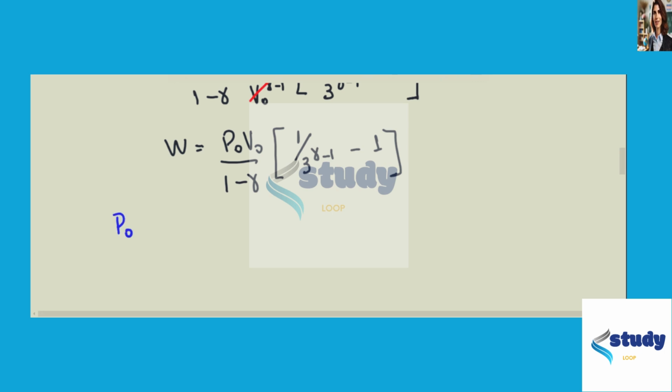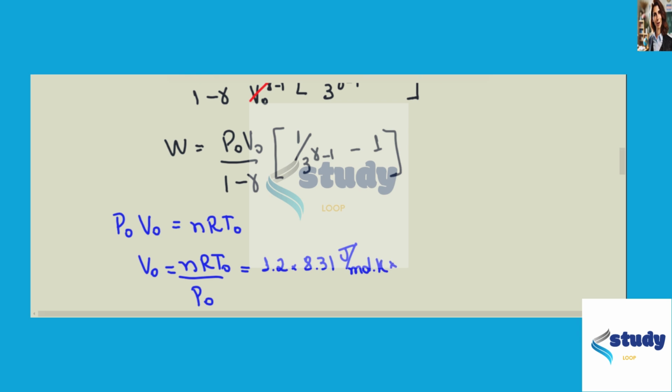We know that P0 V0 is equal to nRT0, and we know P0 and T0, so I can calculate V0 as nRT0 over P0. n is 1.2, R is 8.31 joules per mole Kelvin, T is 300 Kelvin, and P0 is 3.6 times 10 to the 5th pascals. So V0 is equal to 0.00831 cubic meters.